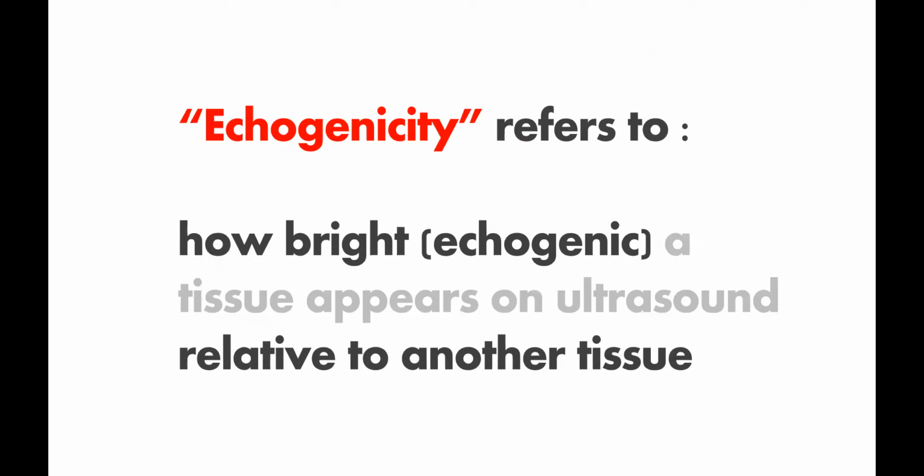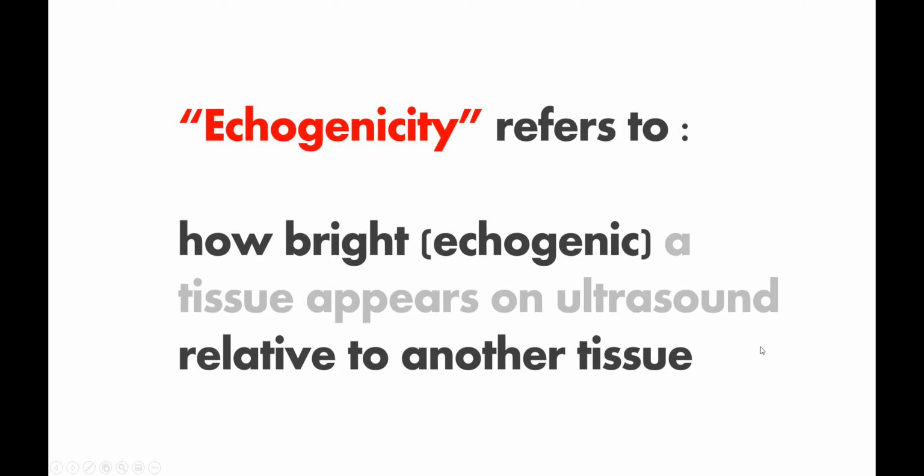So next one, we will talk about echogenicity. Echogenicity refers to how bright, echogenic a tissue appears on ultrasound relative to another tissue. So I make an example here. You can see there are different shades of gray between black and some gray a little bit, and another one is black.